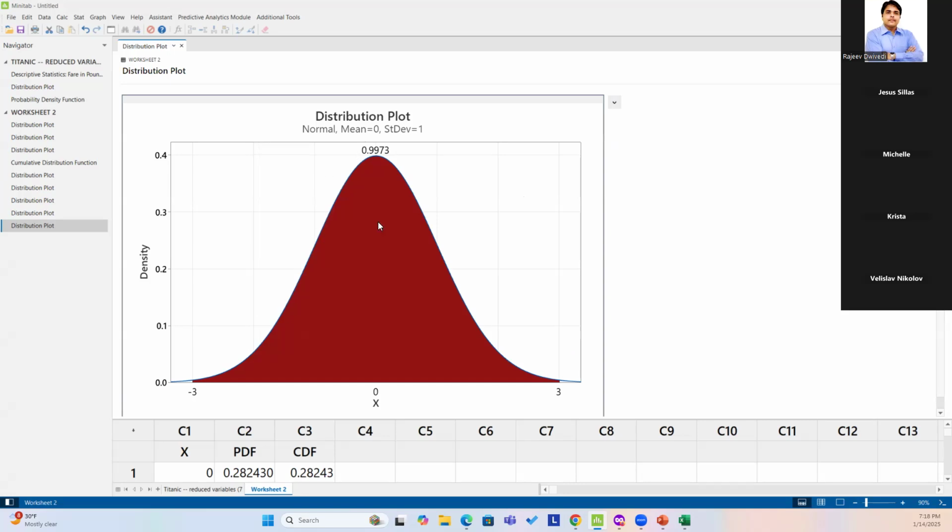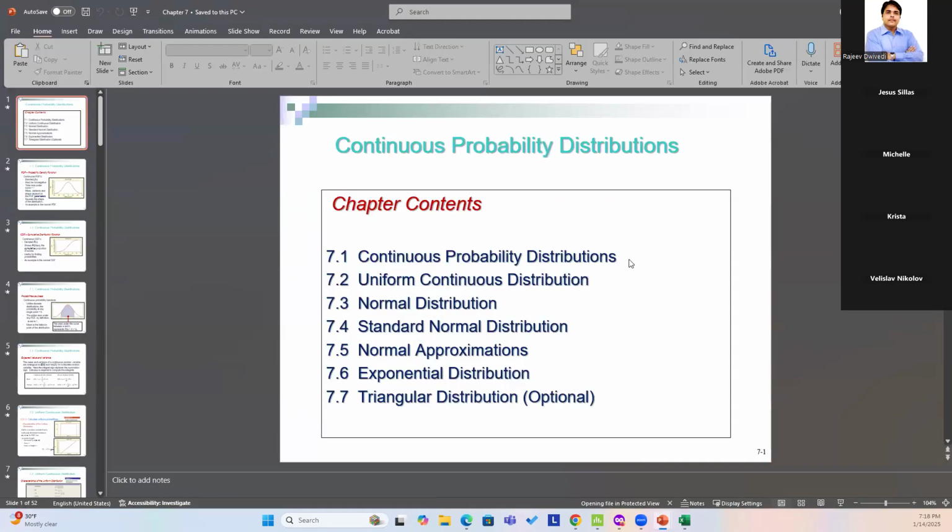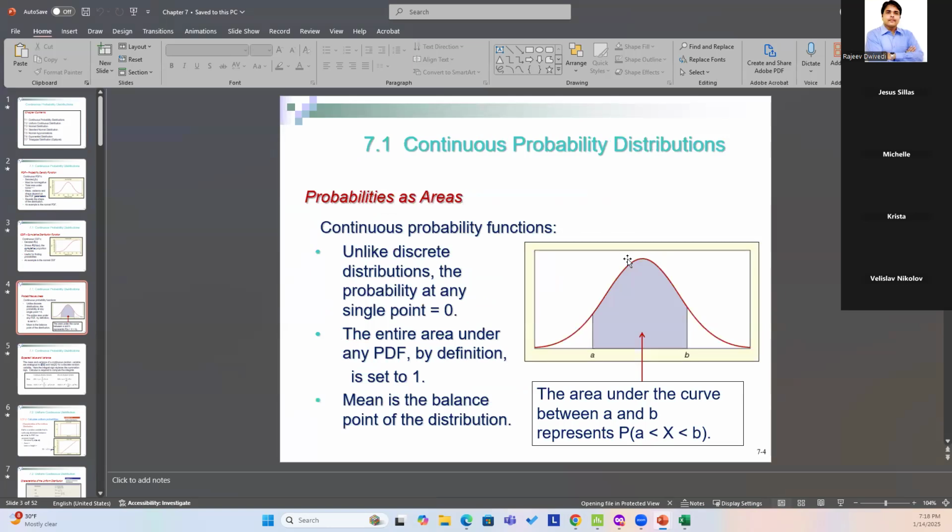And the most important concept of chapter 6 and 7 is right here. This slide is very, very important. Unlike discrete distribution, the probability at any single point is 0 in continuous distribution.